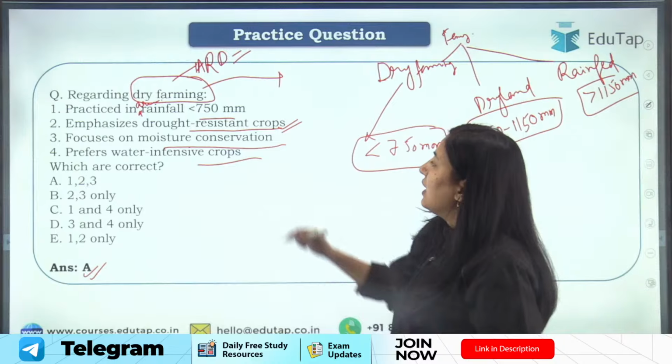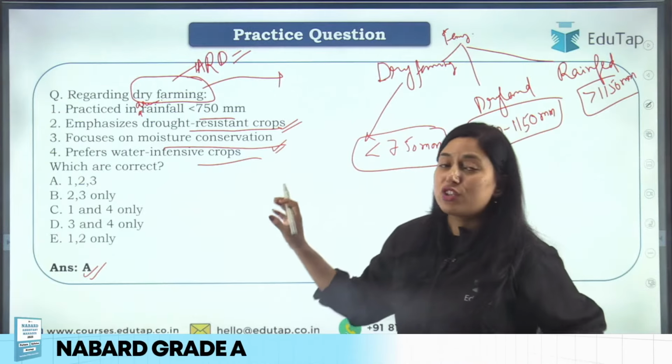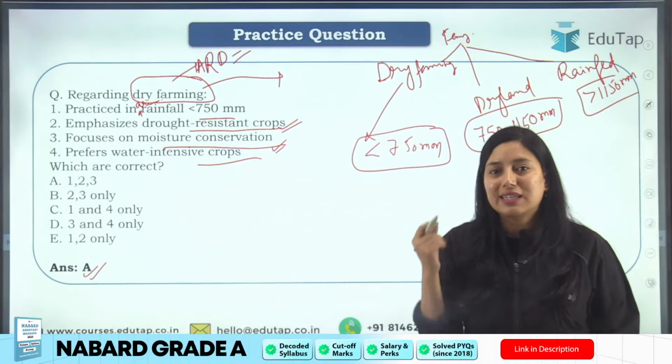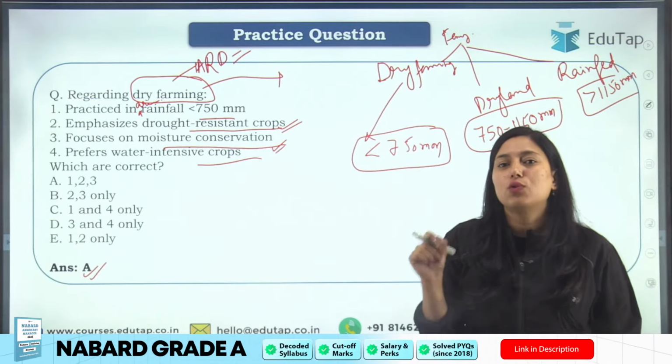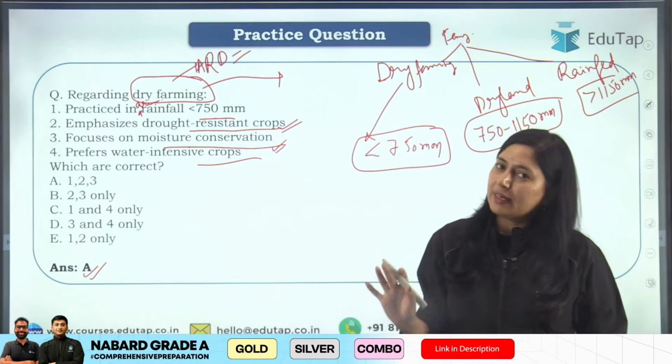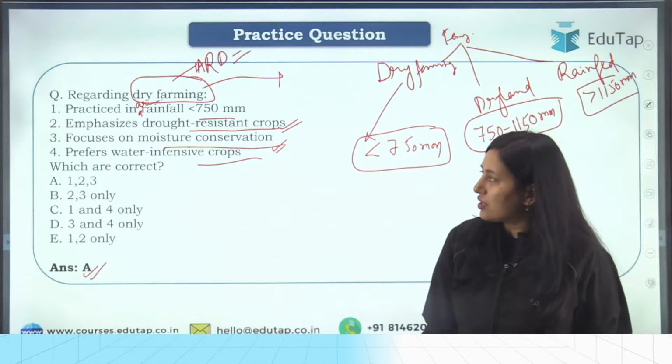Okay? Then here focus is given on moisture conservation. Obviously moisture is a limitation here, right? Water is a limitation here. So we need to focus on practices that will help retain or conserve moisture. Clear? So hence option 3 is also correct.